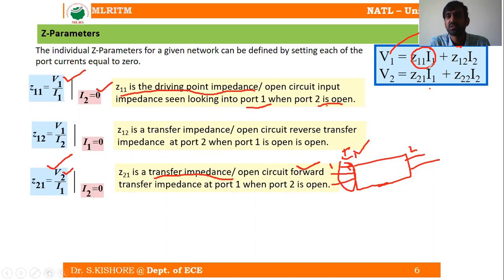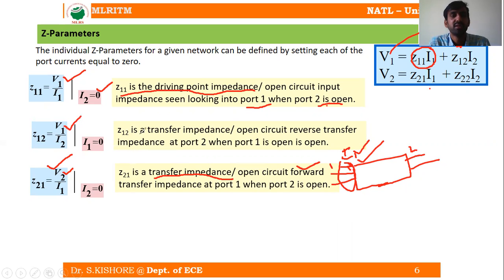Because from the Z parameter equations, to obtain this value we have to consider this term equal to 0. That means I1 equal to 0 means port 1 should be open circuit. So Z12 is equal to V1 divided by I2.